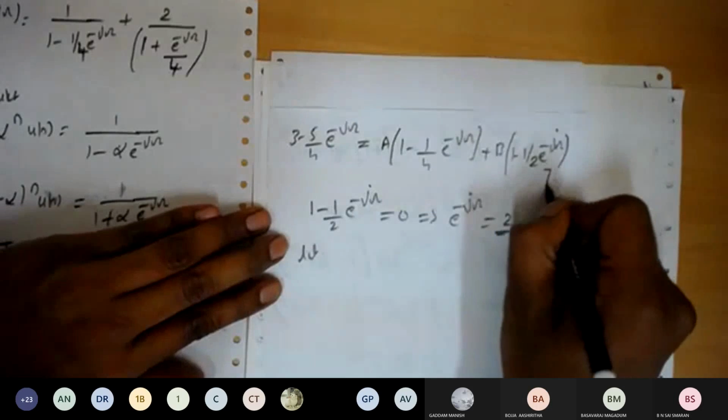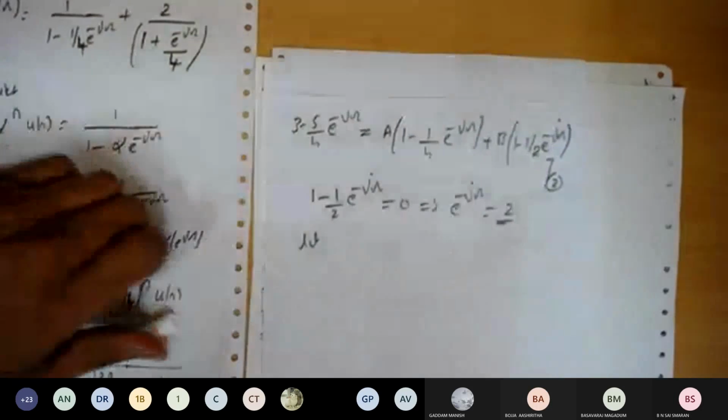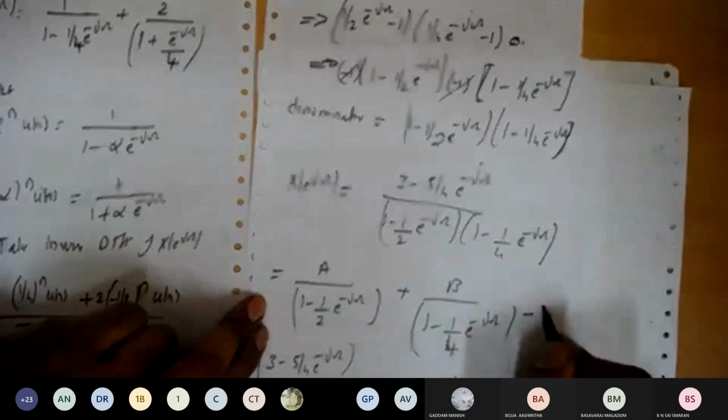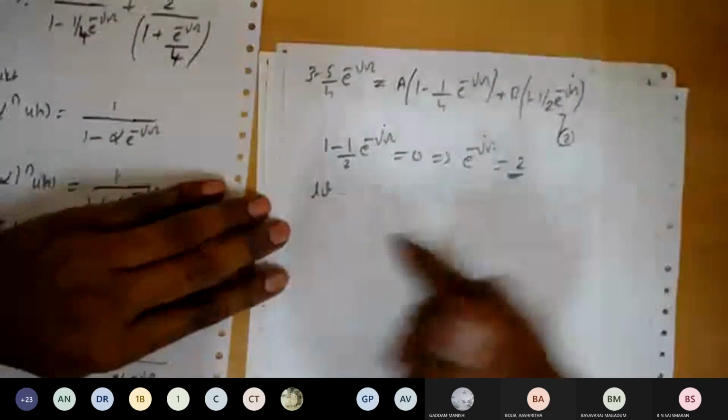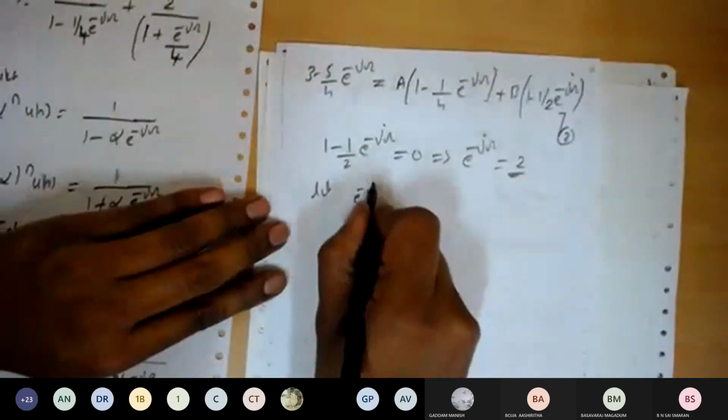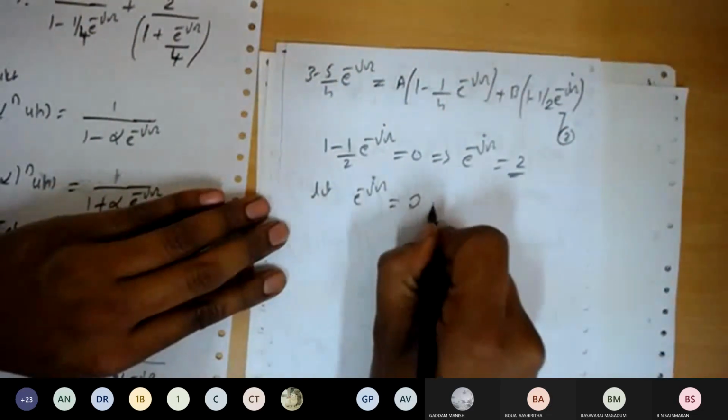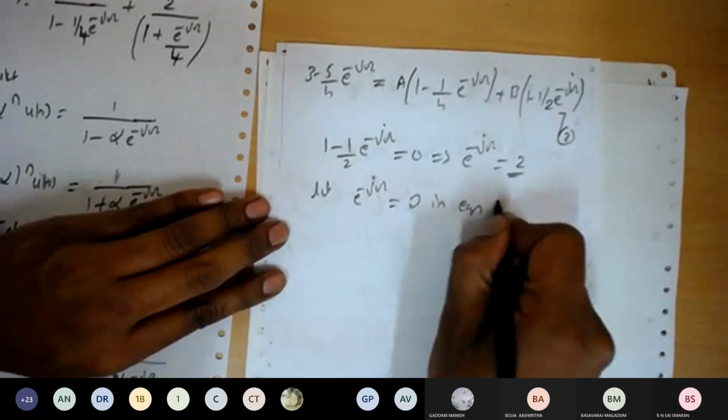Let us call this equation number 2, and the previous equation we can call equation number 1. So let e to the power of minus j omega equal 2 in equation 2.